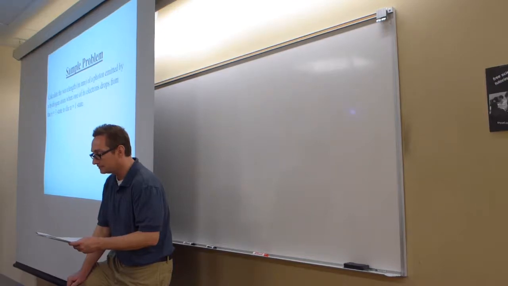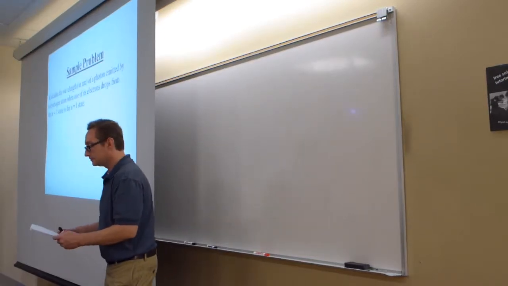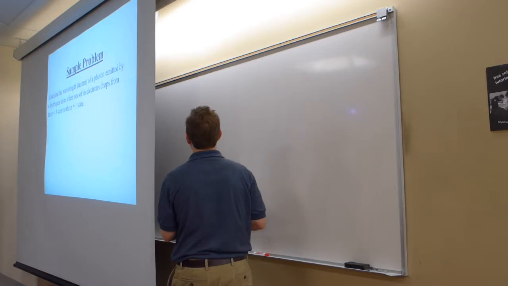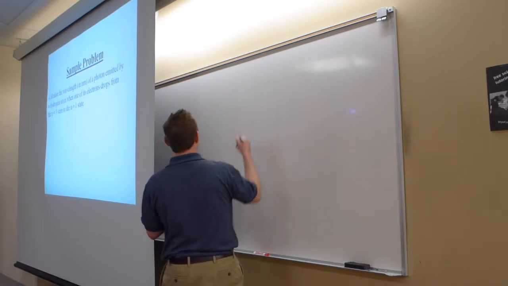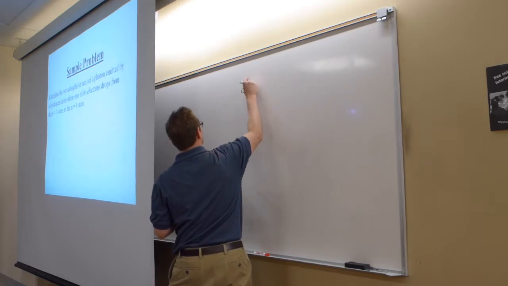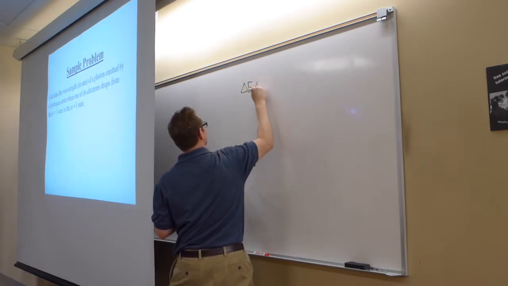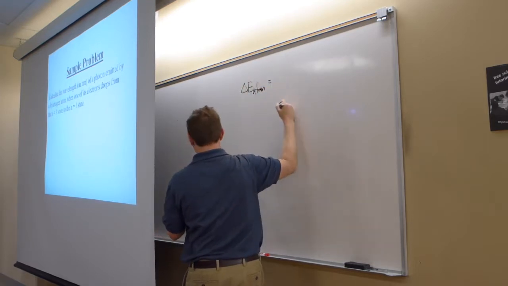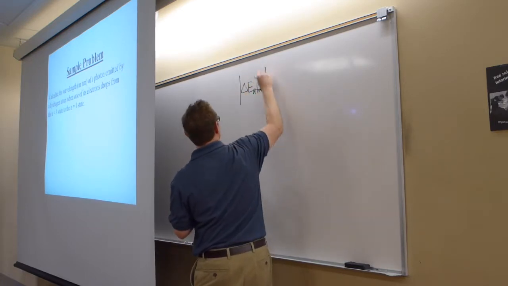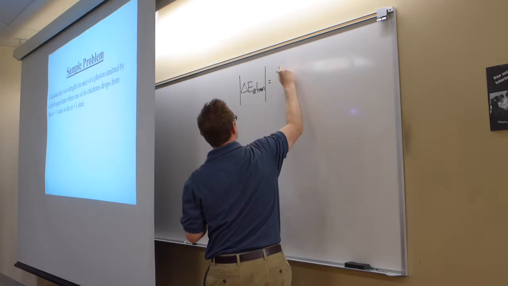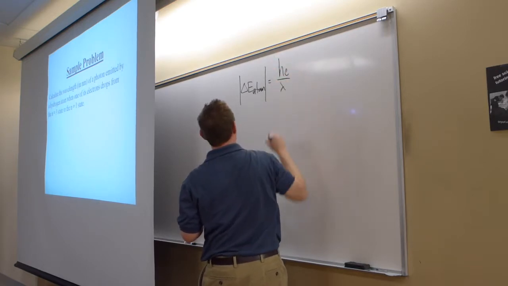3 to n equals 1. All right. So we know the absolute value of delta E atom is equal to hc over lambda.